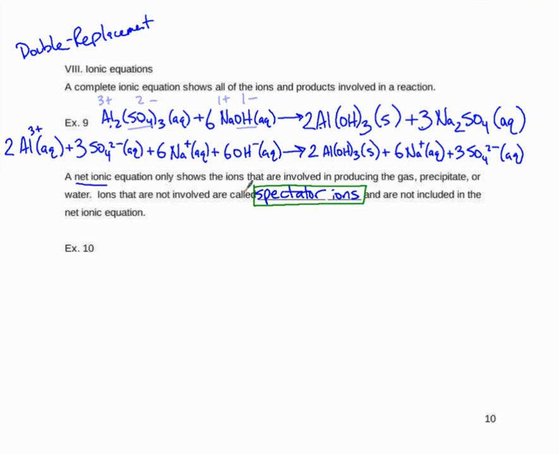These would include things like my 3 sulfates, which are aqueous in the beginning and aqueous in the end. They're not really doing anything. They're just there. My other spectator ion, sodium, aqueous. They're present, but they're not really doing anything. They're not actively making one of these 3 types of products.